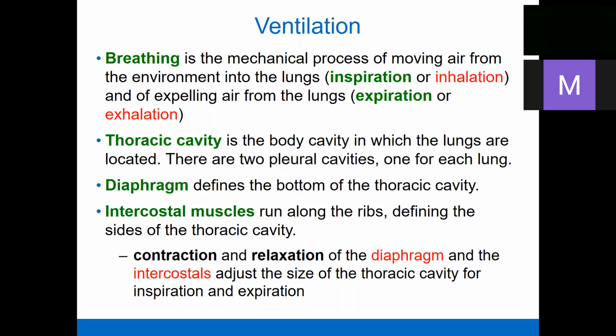Once they contract, they expand the thoracic cavity and also allow the air to come into the lungs. The contraction and relaxation of the diaphragm and intercostals adjust the size of the thoracic cavity for inspiration and expiration.